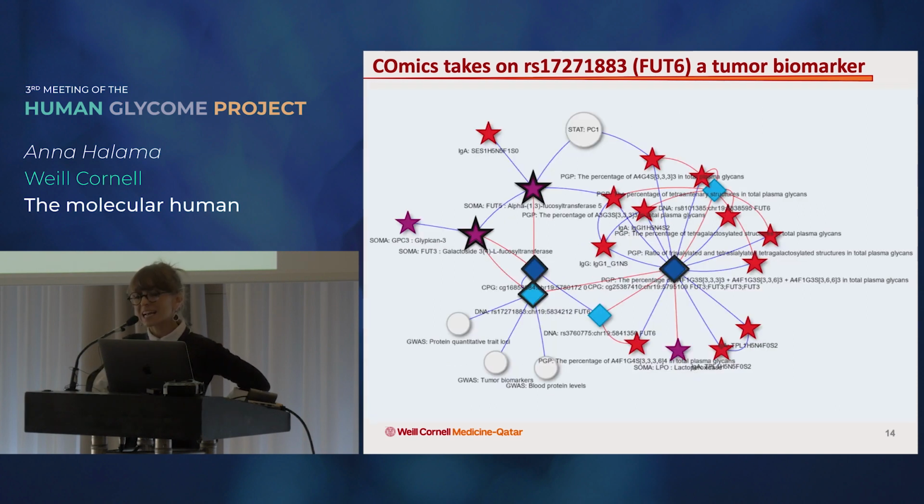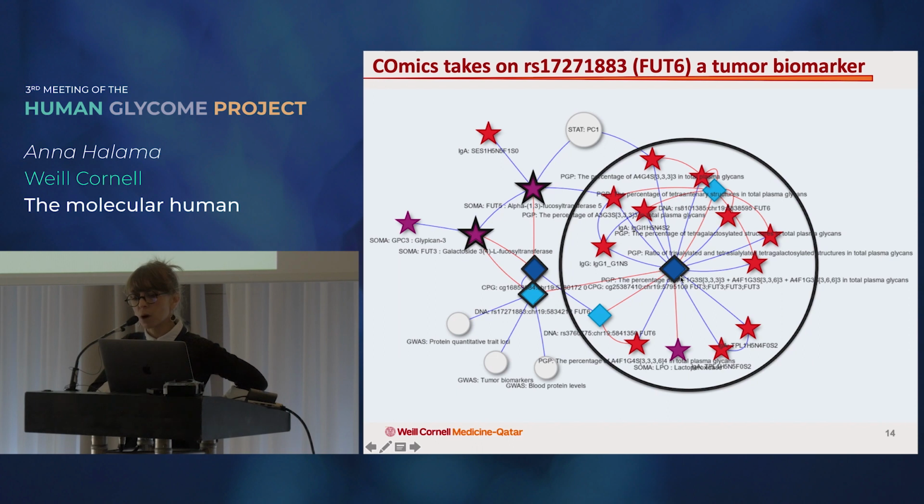So when we expanded the molecular network a little bit more, what you can see here is that one of the methylation sites is strongly associated with different glycans, and this could be an example of epigenetically regulated glycosylations.